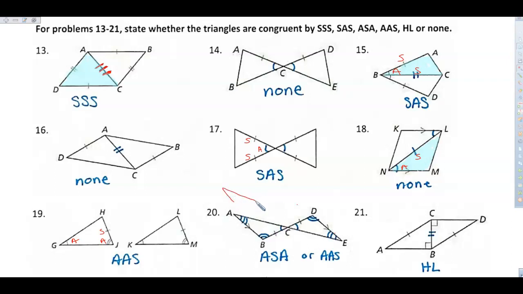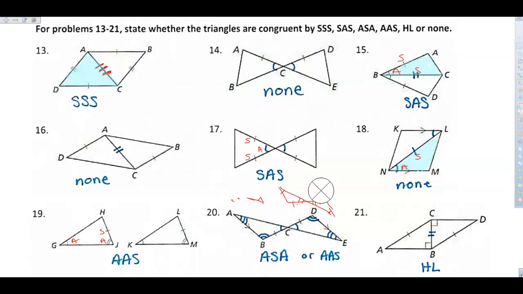So again, if you marked it this way, here, here, here, and here, you would have had angle, angle, side. If you marked it this way, that would have been down here, not here, you would have still had angle, angle, side.